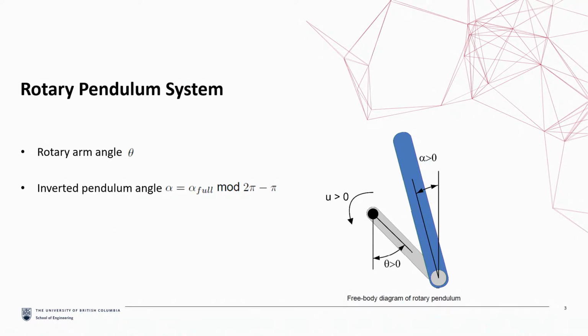In order to convert the pendulum angle readings from the encoder to this convention, we need to subtract the measured value by pi. We also use the remainder of the alpha full, which is the encoder reading, divided by 2 pi to make sure that the pendulum angle always falls between 0 and 2 times pi.